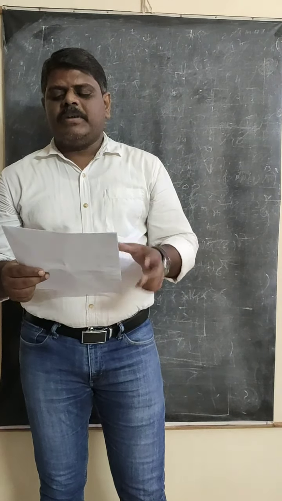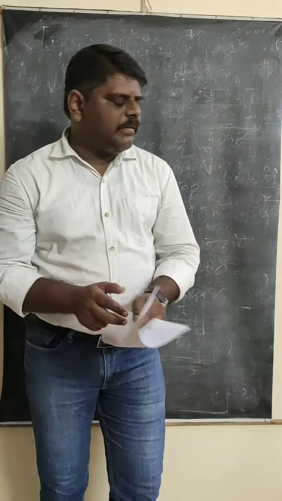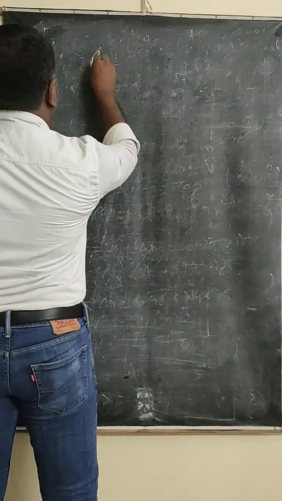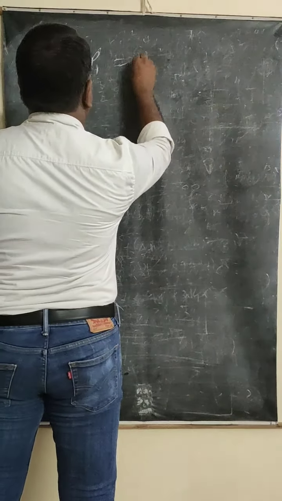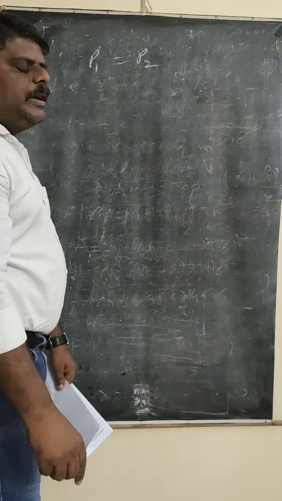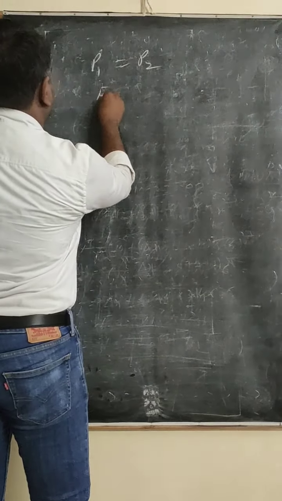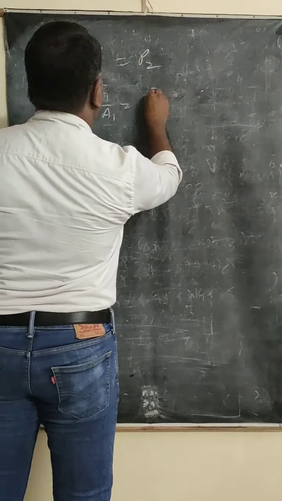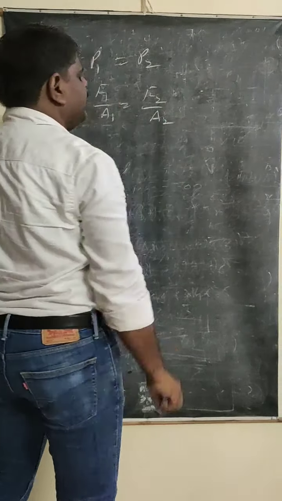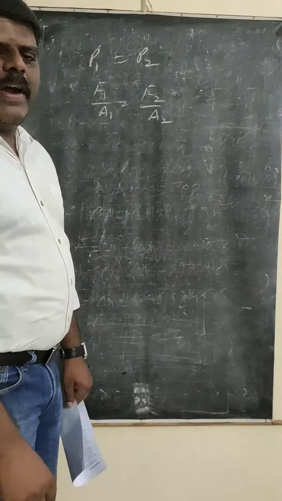So in the problem, the pressures are equal according to Pascal's law. It is P1 is equal to P2. And we know that pressure is equal to force by area. So F1 by A1 is equal to F2 by A2. Here the force can be written in terms of weight.